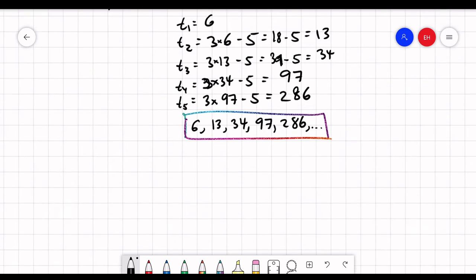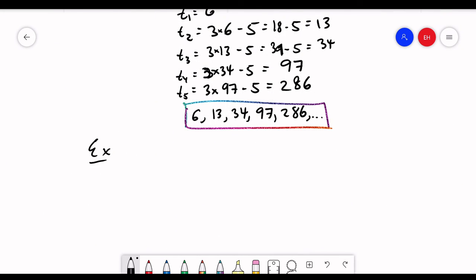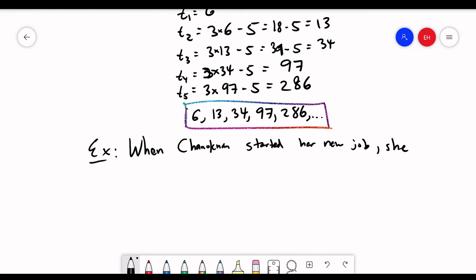All right, so you might be thinking, okay, great, thanks a lot, Ajan, for figuring out these sequences, but when would I actually use this, right? So I'll give you an example. Let's say our very own Chanuknan starts a job, and she's taken my personal finance class, so she's wise in the ways of money, and she knows that it's a good idea to take part of your paycheck each month and put it in a savings account so that you build up a savings.